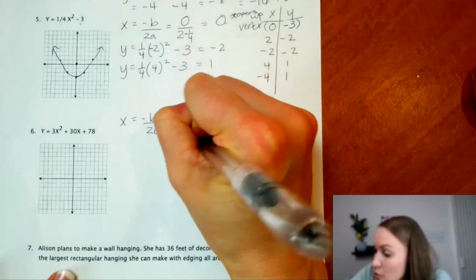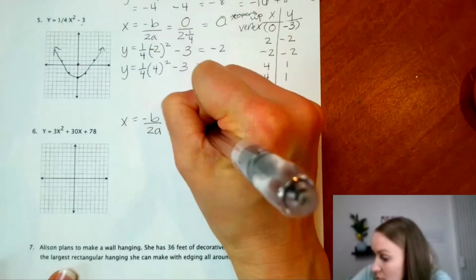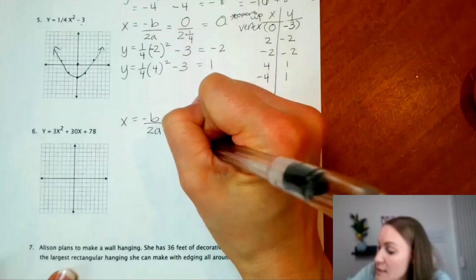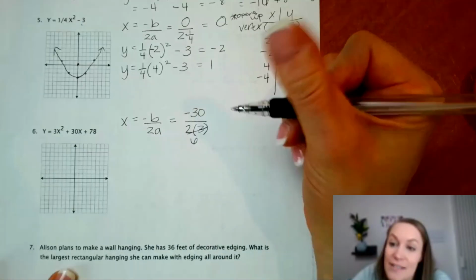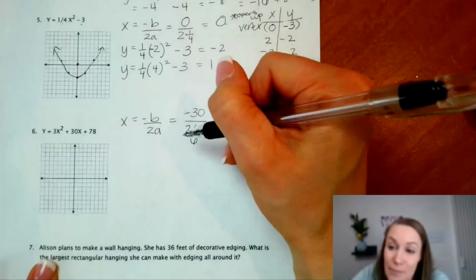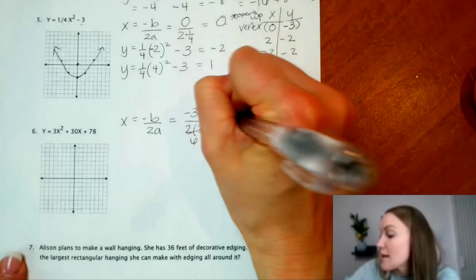And then 2 times a, our a value is 3. So 2 times 3 is 6. 30 divided by 6 is 5. And I have a negative divided by a positive, so I have a negative value. So I have negative 5.